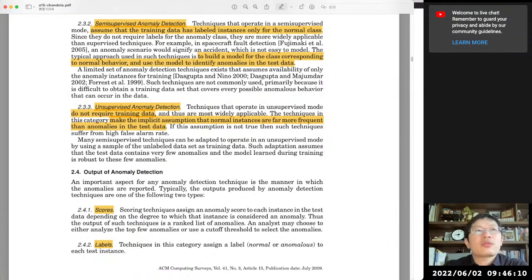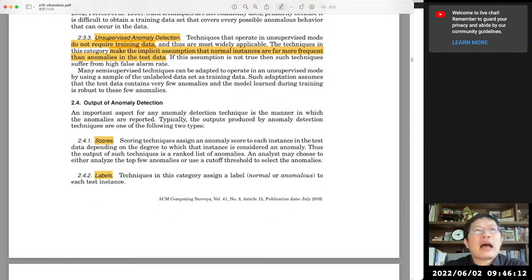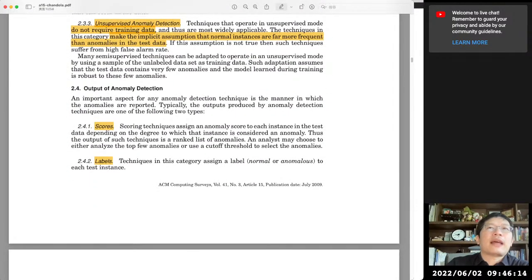The third one is called unsupervised anomaly detection. Since it is unsupervised, we do not require any training data. The technique in this category makes the implicit assumption that normal instances are far more frequent than abnormal ones in the testing data.